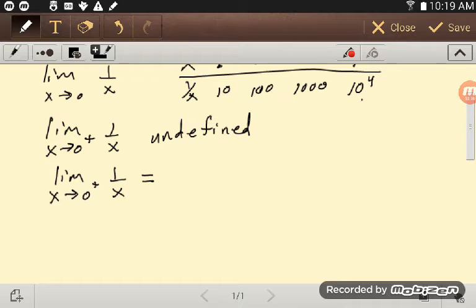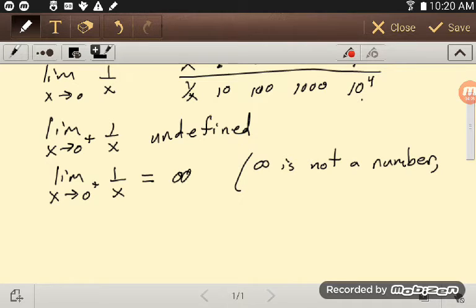But in math, we still use that phrase to talk about this specific situation where something grows without bound, and we will say it equals infinity. And notice, infinity is not a number.